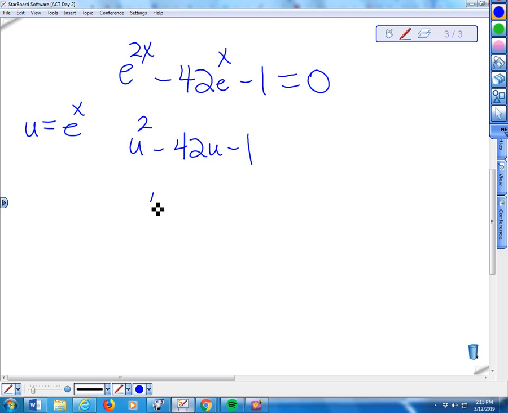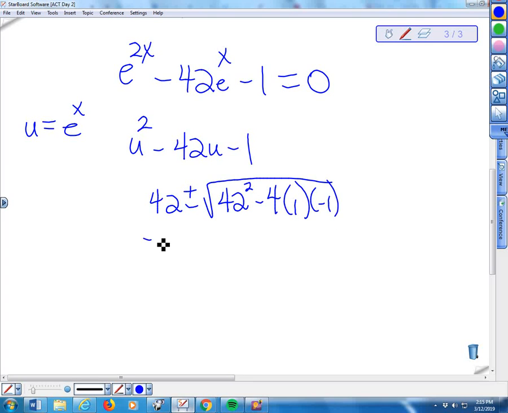Negative b plus or minus the square root of b squared minus 4ac, all over 2. 42 squared plus 4, square root of that. So I have 42 plus or minus 42.0476.